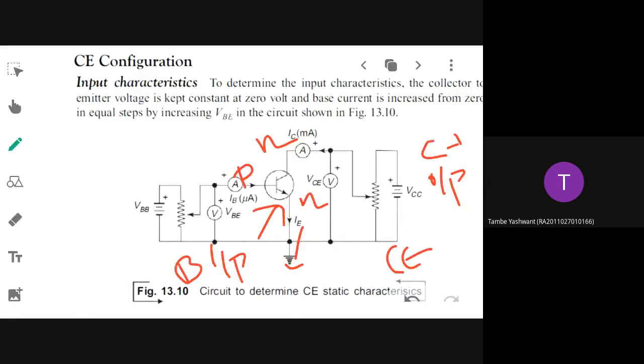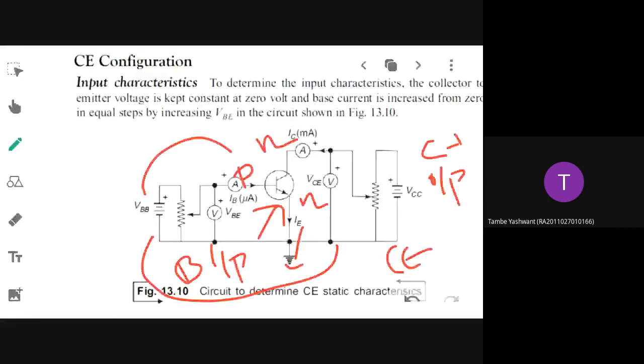Is the emitter base forward biased or not? Okay, the emitter N is connected to negative and P is connected to positive. So is it forward bias or reverse bias? Forward bias. Okay.